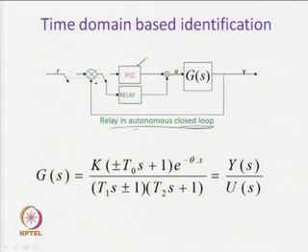Unlike the earlier cases, here the relay will have different amplitudes. So, the relay characteristics can be shown by the plot with T, H1 and minus H2. We will obtain a piecewise linear output signal from the relay, but the output signal will have different amplitudes. Why are we doing so?